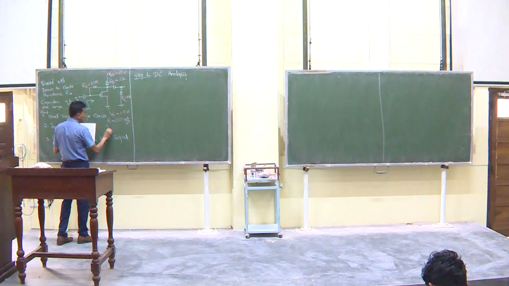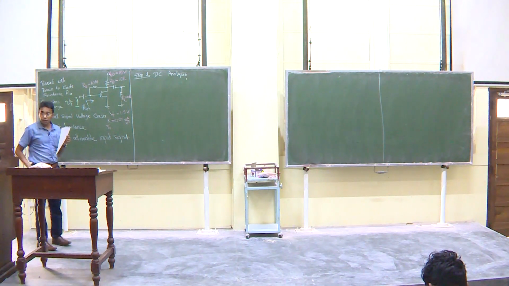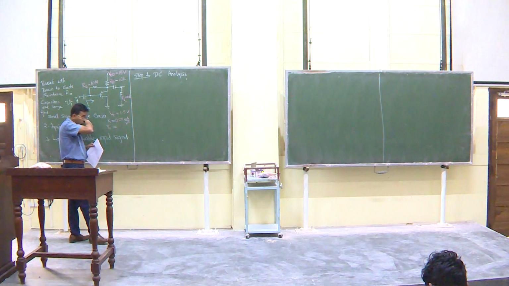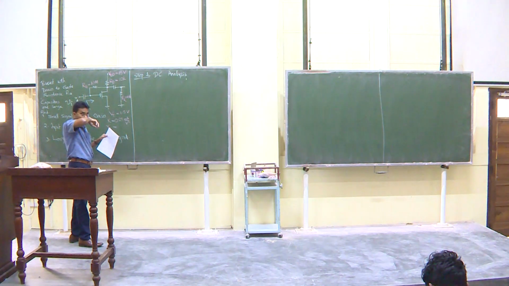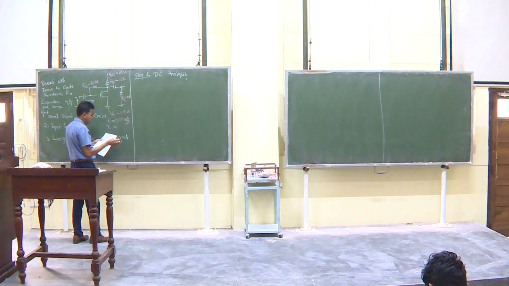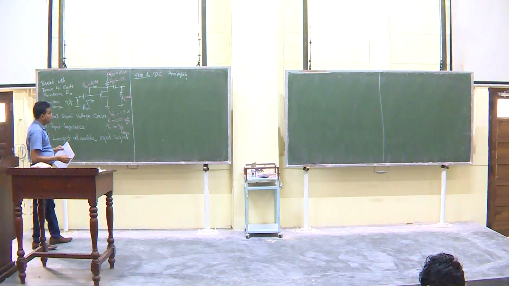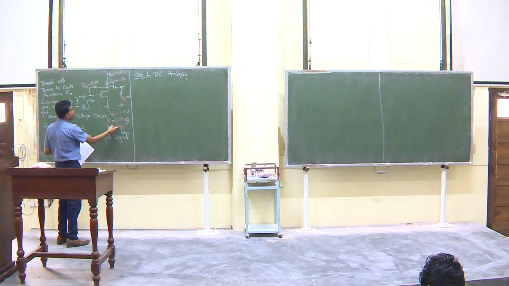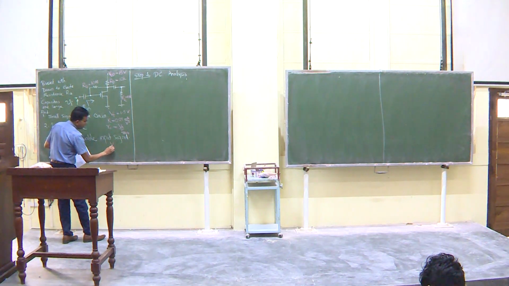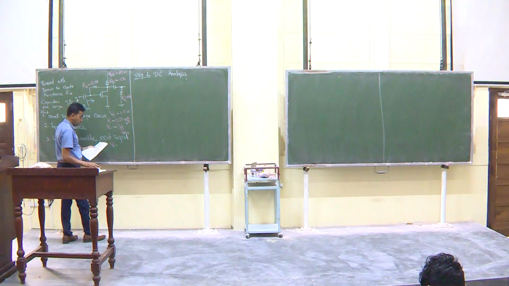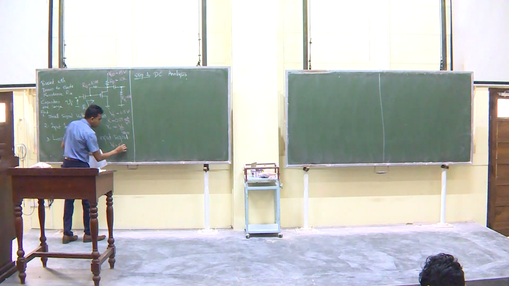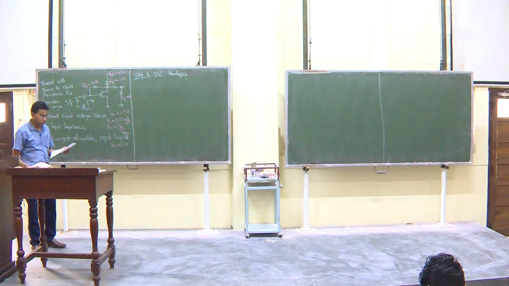And R naught, the output resistance, the equation for R naught in general, we showed this last time I think, is VA divided by IDS, the quiescent DC current, right. And VA is also given, let me write it here, VA is equal to 50 volts. So these values are given.